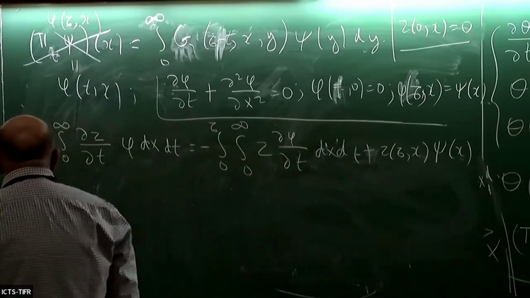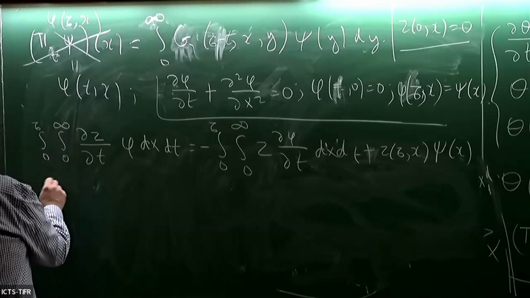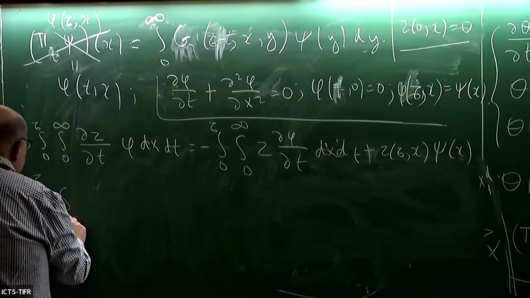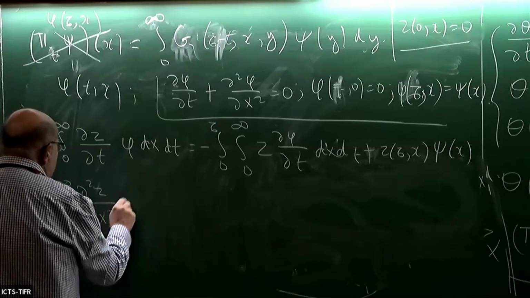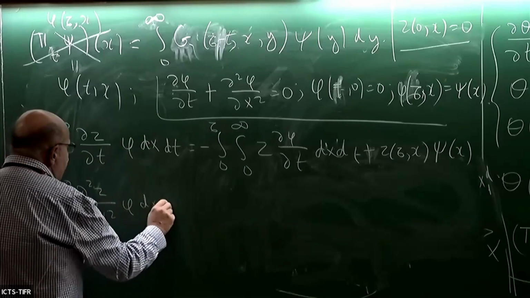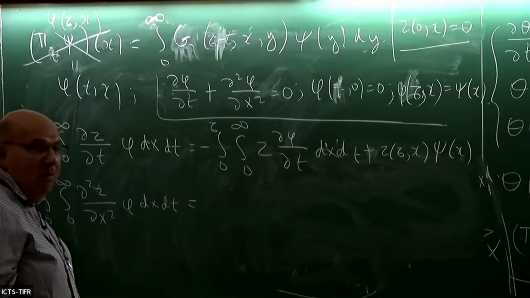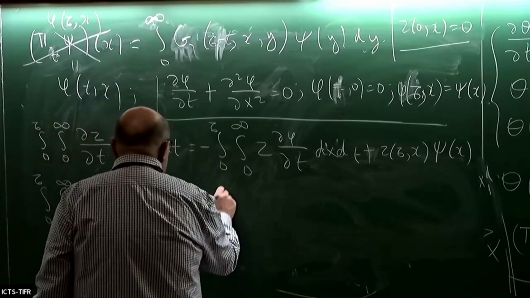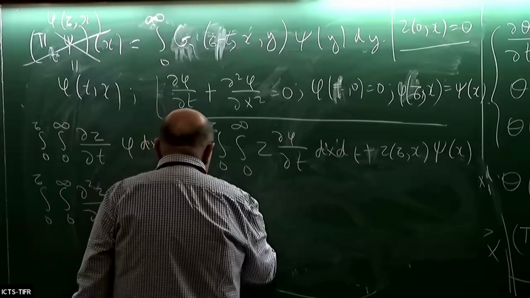What about another one? The second term which appears in the equation for z, d2z over dx2 phi, dx dt. Here I integrate twice by parts with respect to x. Since it's twice, I will have the sign plus.